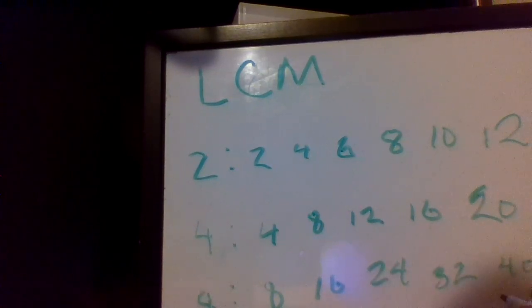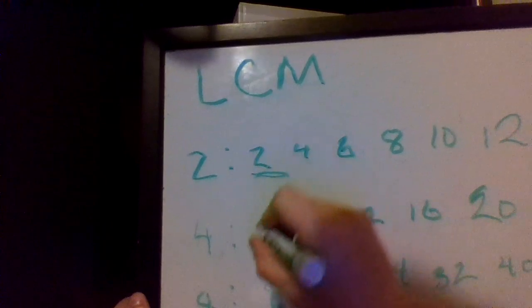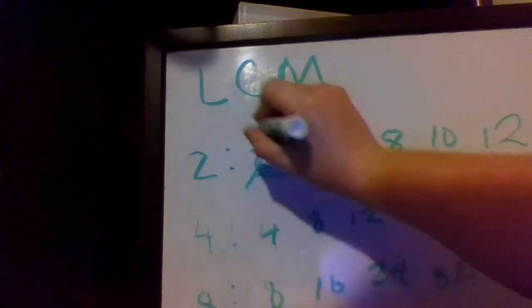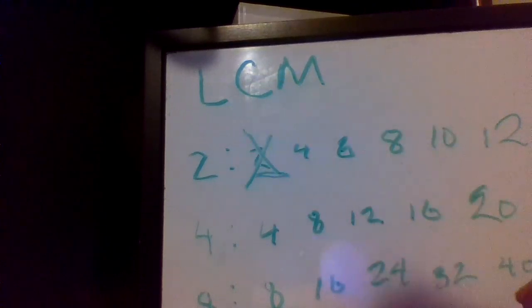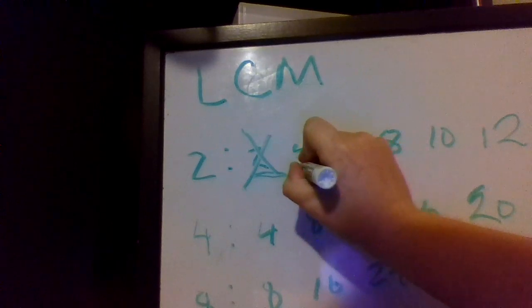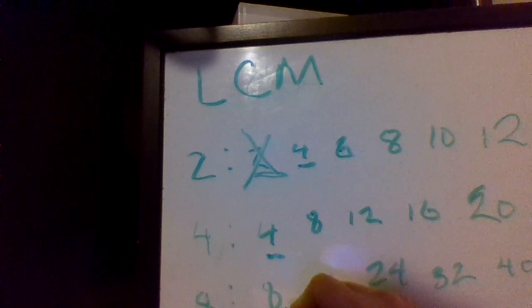Alright, so we have 2. We don't have a 2 here, and we don't have a 2 here. So that's not even a common multiple. So we're going to mark 2 out. Now we've got a 4. And we've got a 4 here, but we don't have a 4 here.